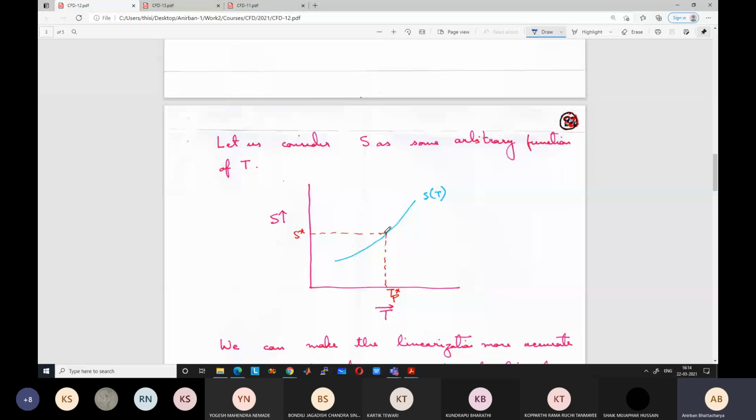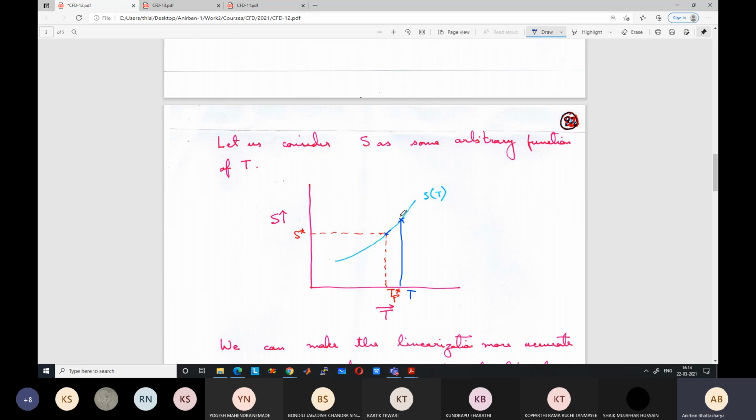So we are taking this value, even though our actual temperature may be this temperature, some temperature T. Very difficult to write using the mouse. This temperature T is unknown in the equation.